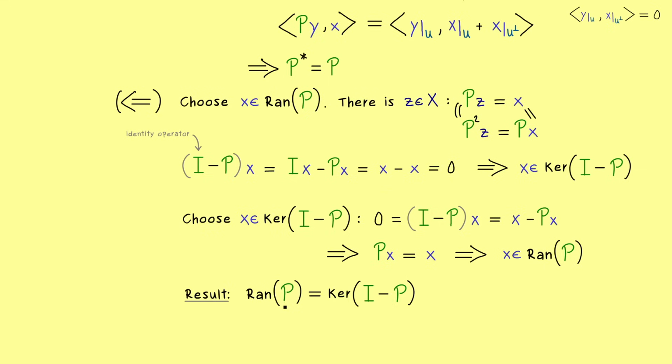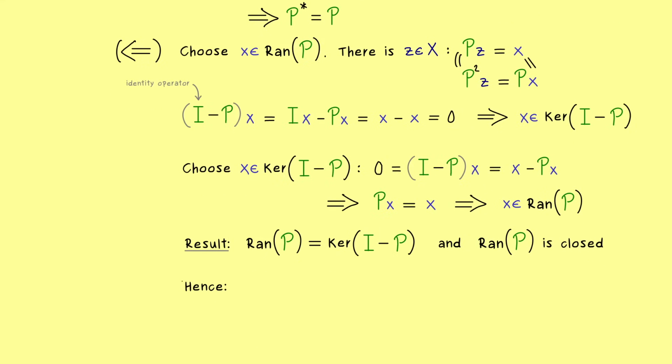And moreover, please note that a kernel of a linear operator is always a closed subspace. So we get an additional piece of information here, namely that the range of P is also a closed subspace. And this is really helpful if we want to use the double orthogonal complement. This means if you use the orthogonal complement of the orthogonal complement, then you get the original space back if we have a closed subspace.